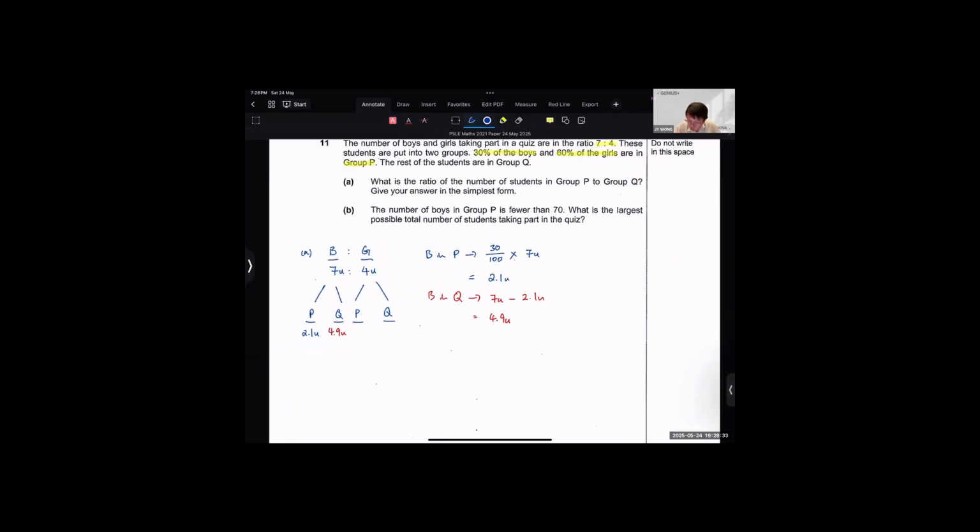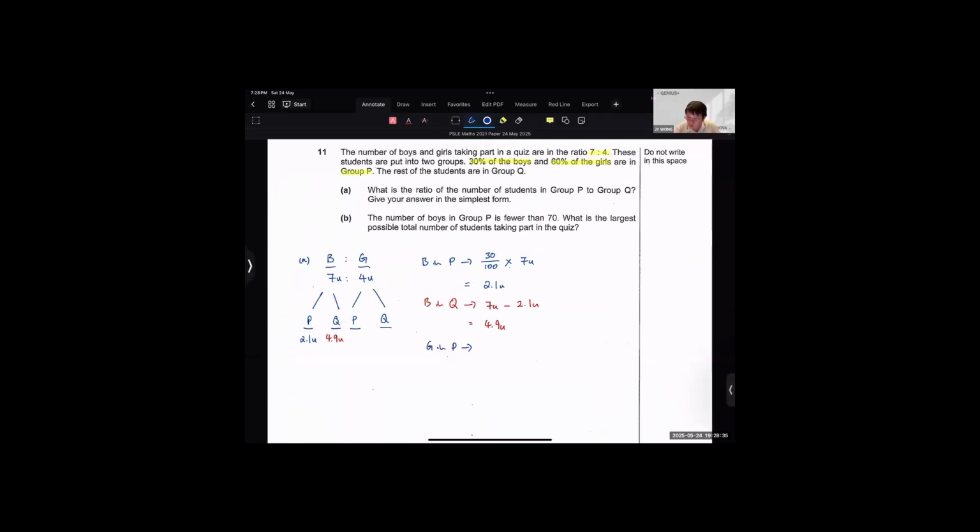We know that girls in P is 60%. So 60 out of 100. How many units of girls are there in total? 4 units. This will give you 2.4U. So this is 2.4U. And therefore, you can, again, same thing, find the number of girls in Q, which is 4 units minus 2.4U equals 1.6U.